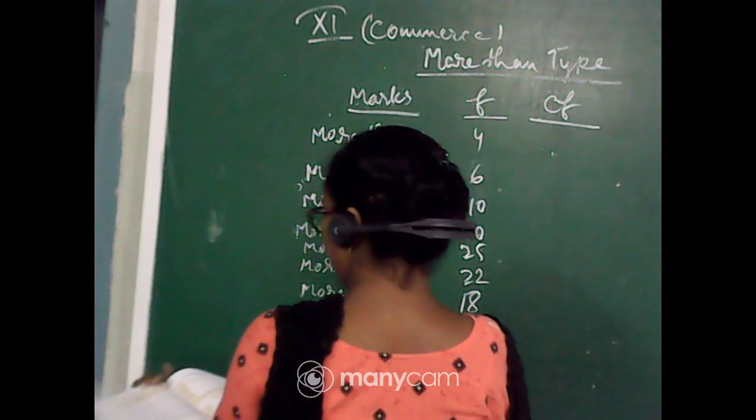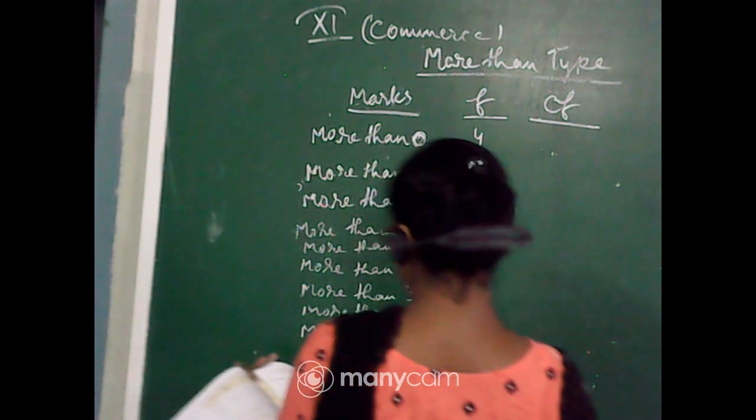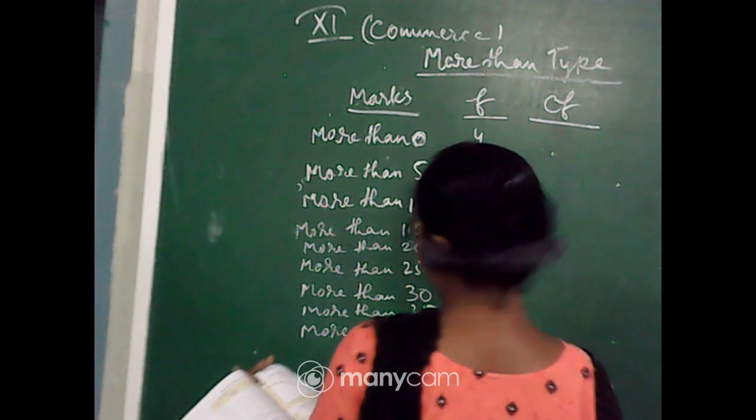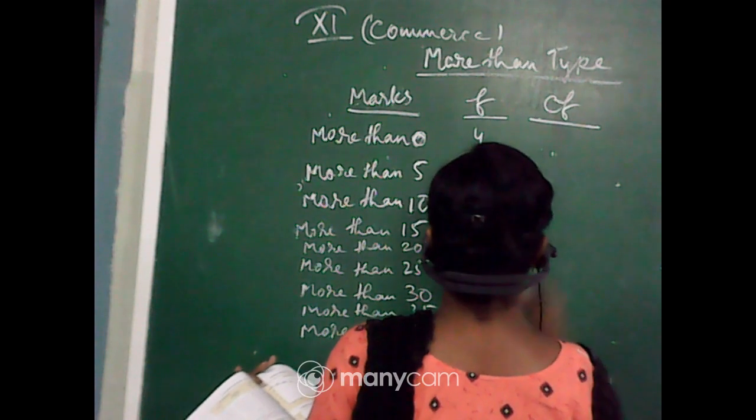Okay, now we find out the CF. So we know the total summation frequency is 100.